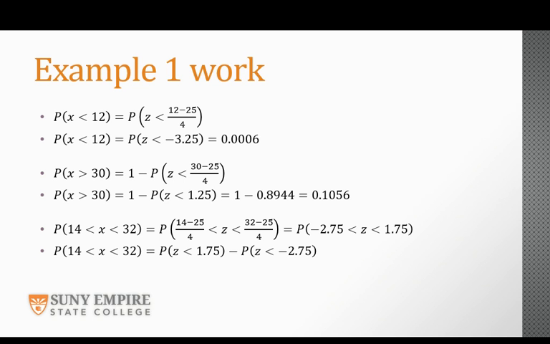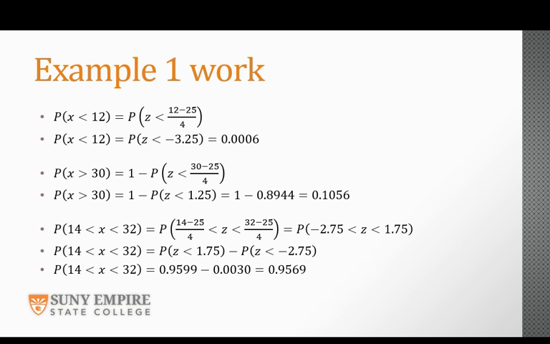We have the probability that z is less than 1.75 minus the probability that z is less than negative 2.75. We look up those values in our handy cumulative frequency chart, subtract, and find that there is a 95.69% chance our kitten weighs between 14 and 32 ounces.